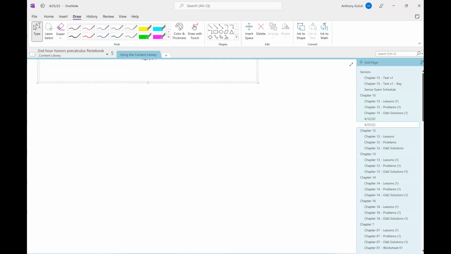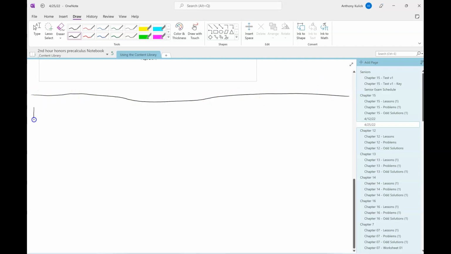In section 2, we're going to be looking at some exponential and logistic modeling. So we're going to start by introducing to you the exponential population model.